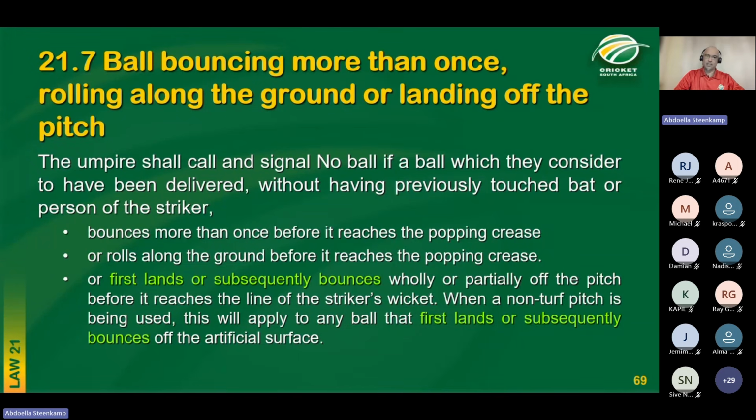That is the bowling crease. The stumps are pitched or put in the bowling crease. So if the ball first lands wholly or partially off the pitch before reaching the striker's wicket or the bowling crease, you need to call and signal no ball.